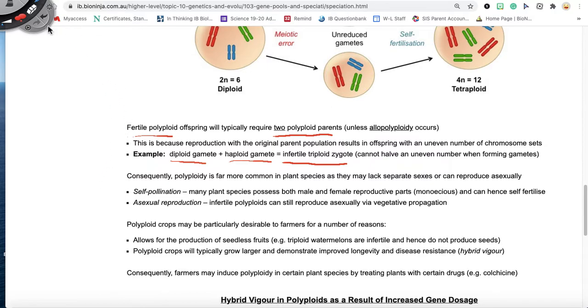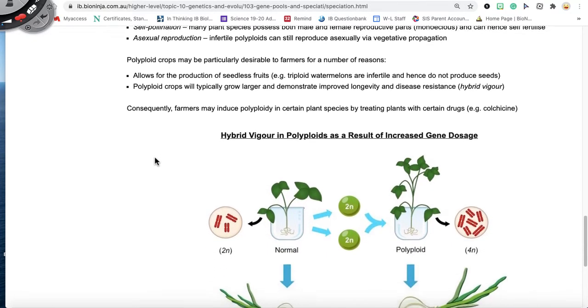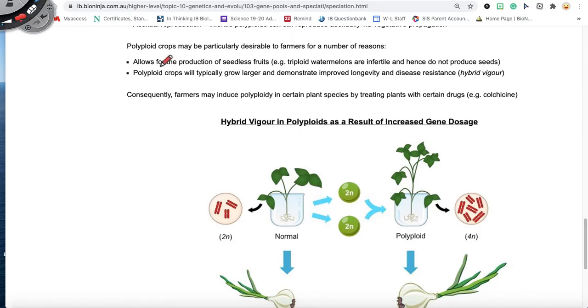All right, so why is polyploidy a desirable trait for farmers? Here we see that some forms of polyploids, for example the triploid watermelon, since it is infertile because it has an uneven number of chromosomes, is not going to produce any seeds. And sometimes that is favorable because the consumer likes that.